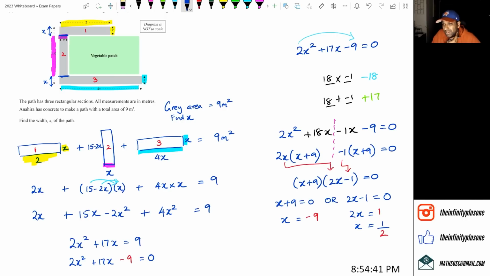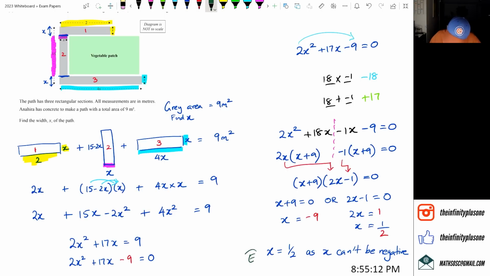So the final part is super important. We have to say x is equal to half, as x can't be negative. Because remember, you can't have a negative 9 as a width. And this is really important because when it comes to the grades, for the grade of excellence, you have to actually say correct positive solution with evidence of negative value disregarded.